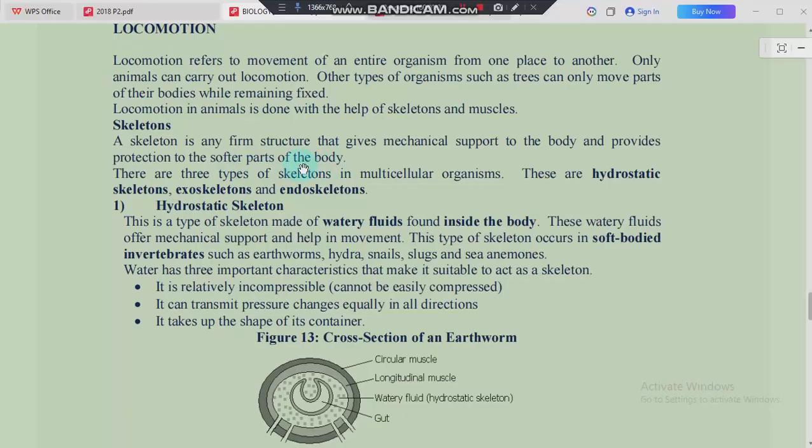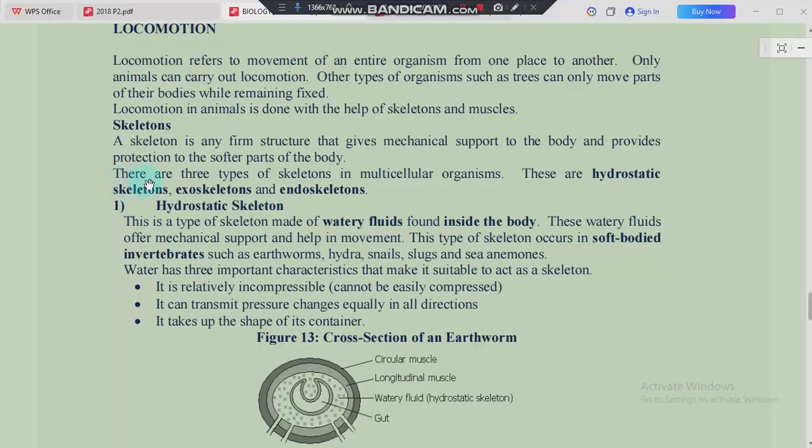When we talk about skeletons, we basically have three types in multicellular organisms. We have the hydrostatic skeletons, the exoskeletons and the endoskeletons. Those animals with hydrostatic skeletons are the worms, right?